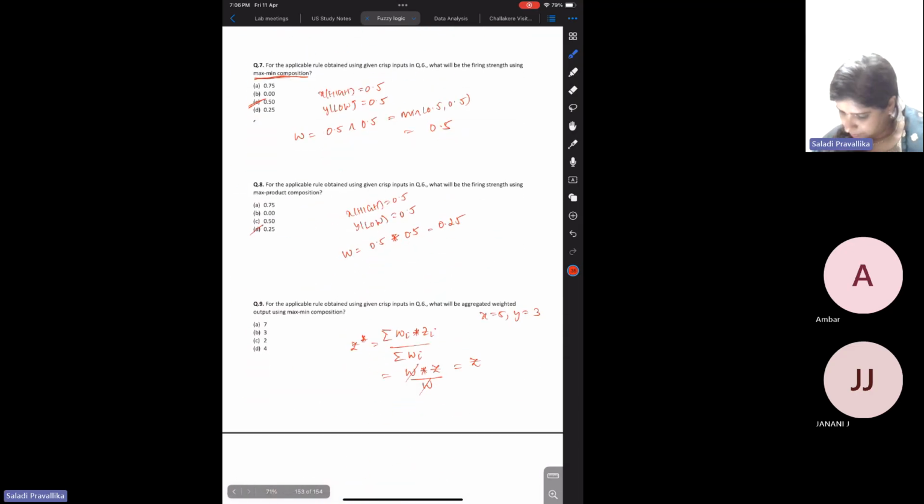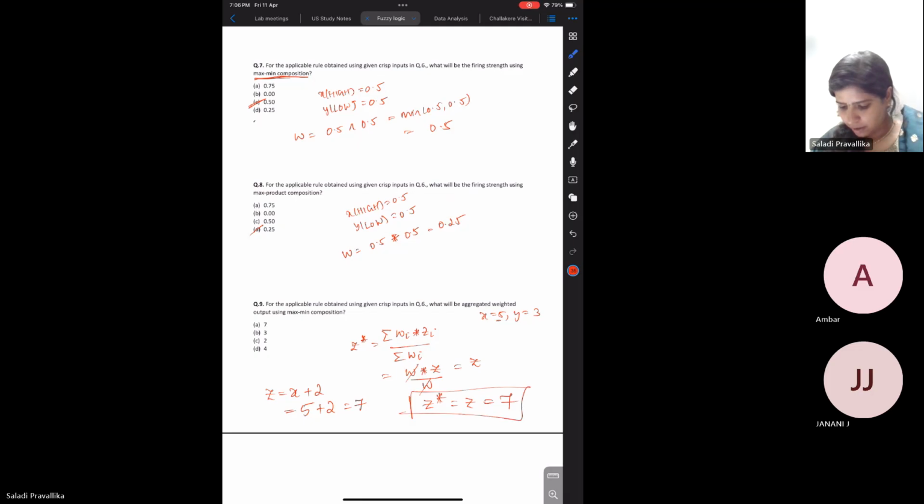So Z is equal to X plus 2, which is equal to 5, your value of X, plus 2, which is equal to 7. So Z star is equal to 7. Sorry, Z, which is equal to 7. And you get your value as 7.